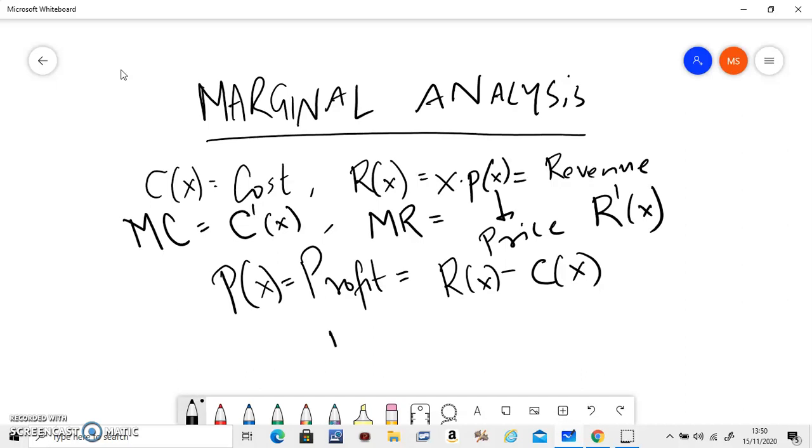And if the question is to find the marginal profit, you will have to differentiate the profit function. So remember this much, that if the question is to find the marginal of any function, all you have to do is differentiate it. So let's see an example.